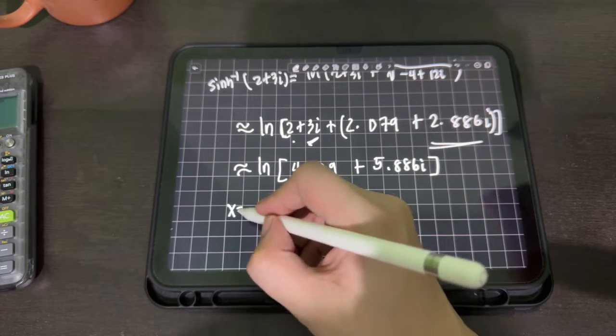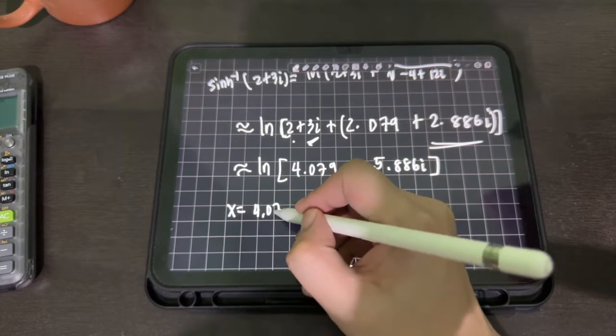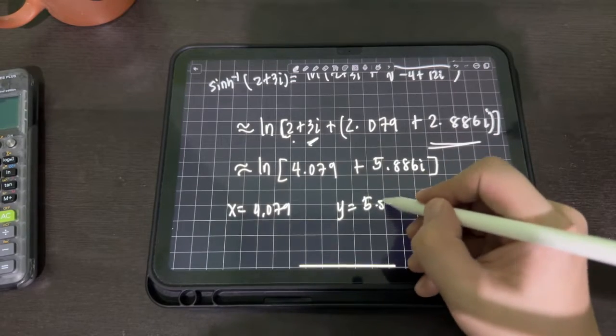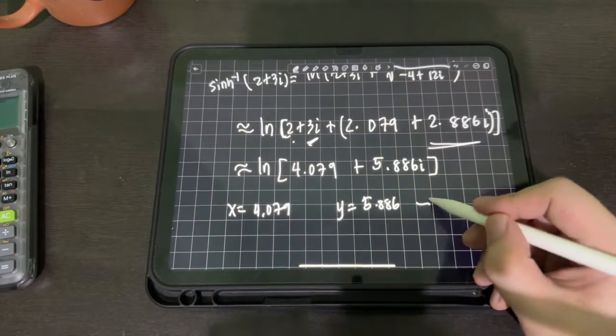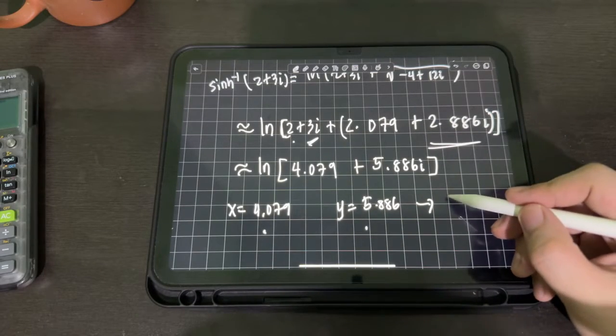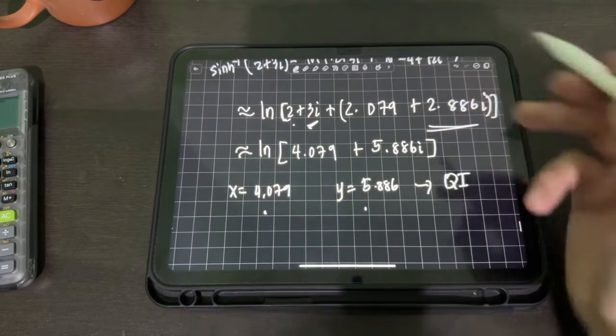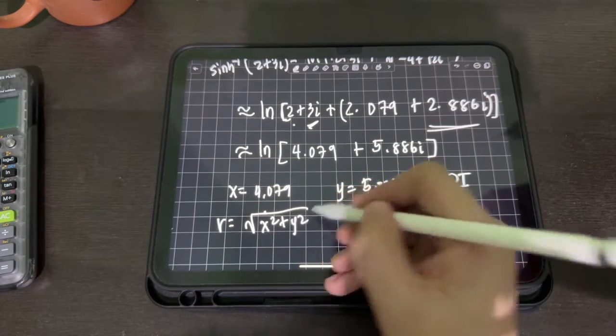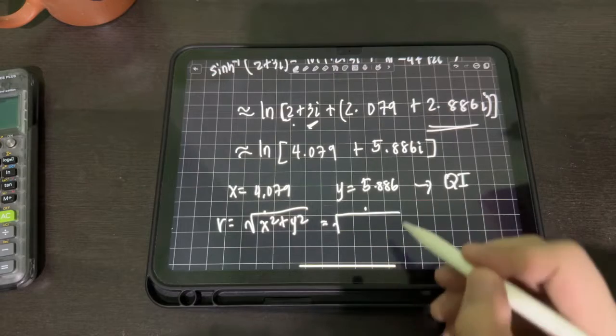So, x is 4.079, then y is 5.886. So, what quadrant? Both x and y are positive, therefore, it is in quadrant 1. So, r is equal to the square root of x squared plus y squared.